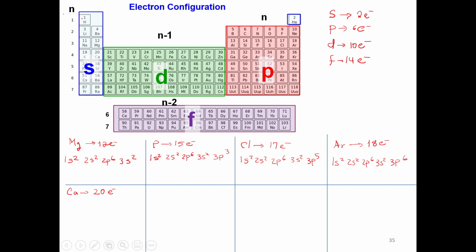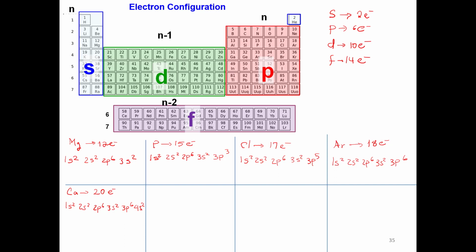We start here 1s2, 2s2, here, move to the right, 2p6, move down, 3s2, move to the right with 3p, and it's full, it's 6, yes, 3p6, all is completed, move down, will be 4s2.